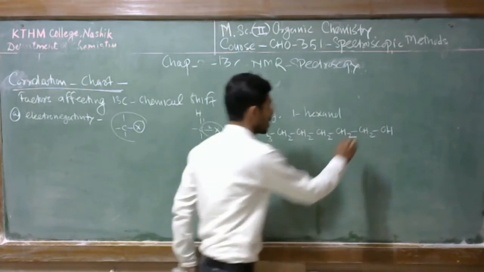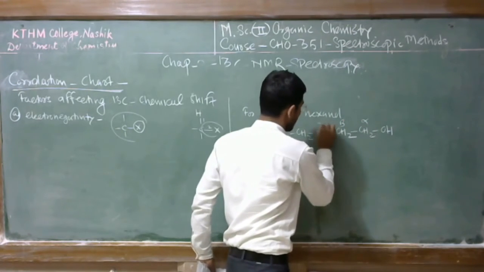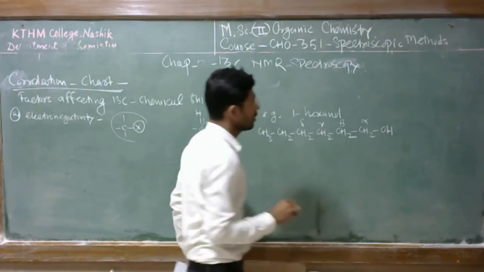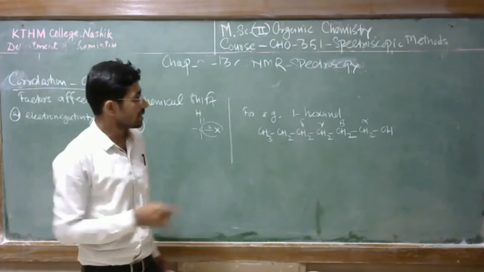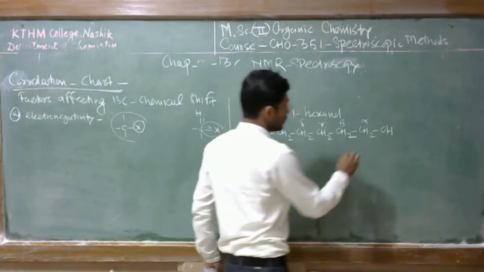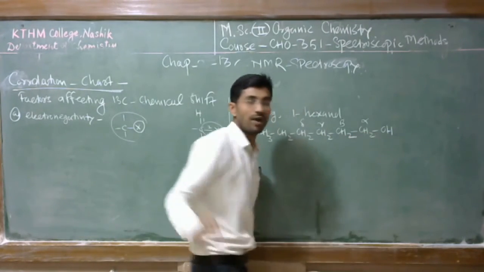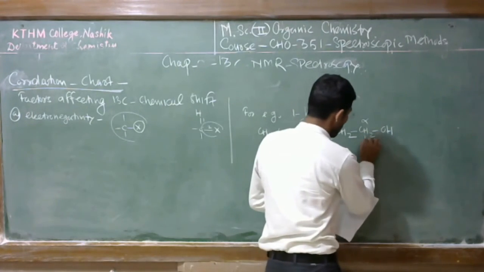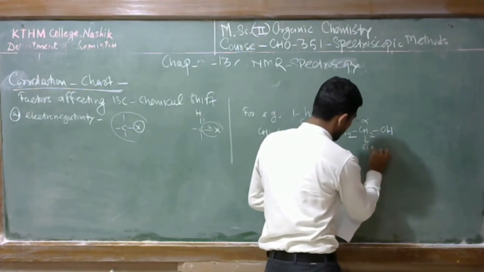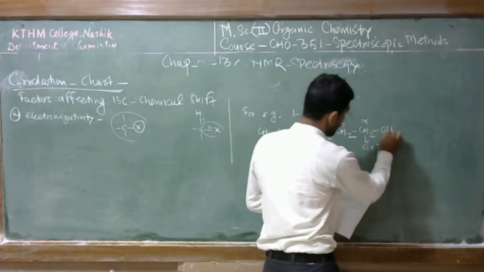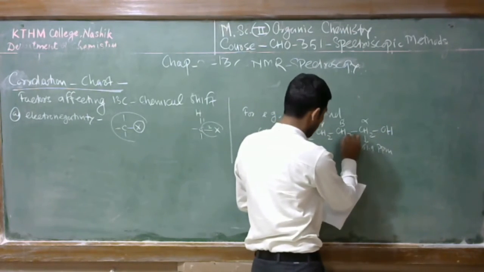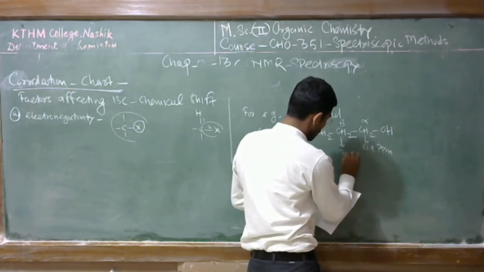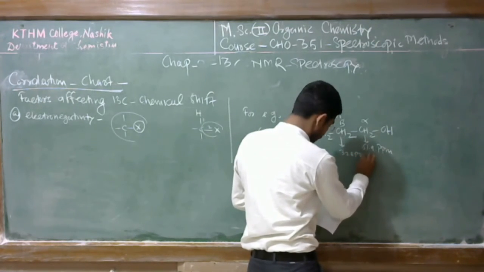Oxygen is attached to the alpha carbon, then beta, gamma and delta. This electronegative element, oxygen, shows a de-shielding effect on the alpha and beta carbons. Which effect? De-shielding effect. Here the chemical shift value is 60.9 ppm because of the de-shielding effect of oxygen. Also for the beta carbon, we can observe 32.8 ppm.